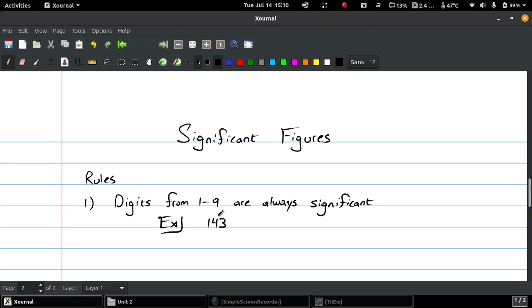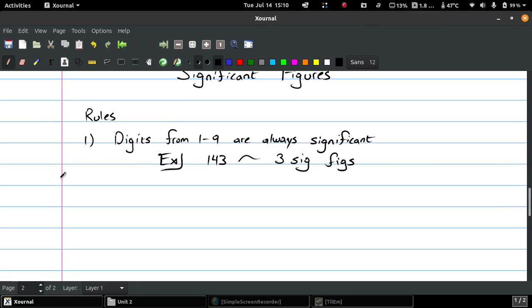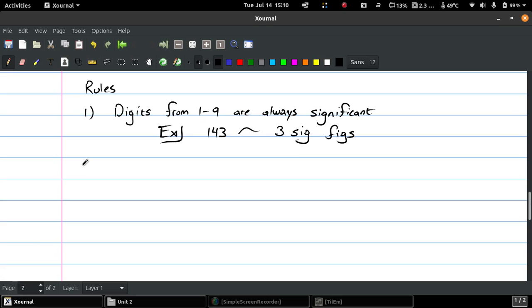All 3 of those are between 1 and 9. So right there, you have 3 sig figs. That's like the shorthand way of writing it, because nobody wants to write significant figures over and over.